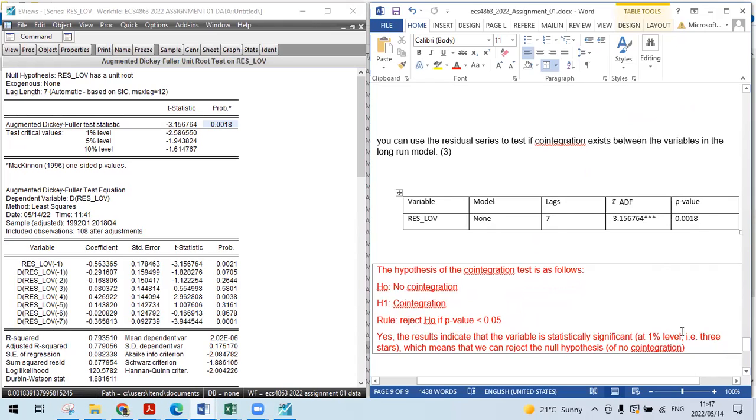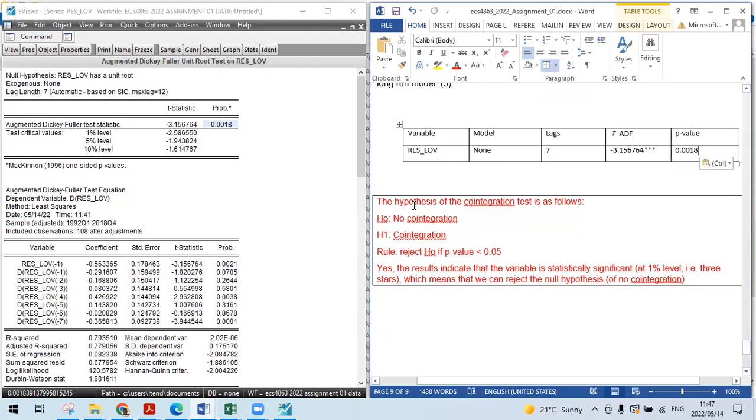So in this case, I can say I reject the H0 because of my p-value. The results indicate that the variable is statistically significant at 1%, which was 3 stars, which means that we reject the null hypothesis of no co-integration. In other words, we are saying there is co-integration between variables. Are we together there?